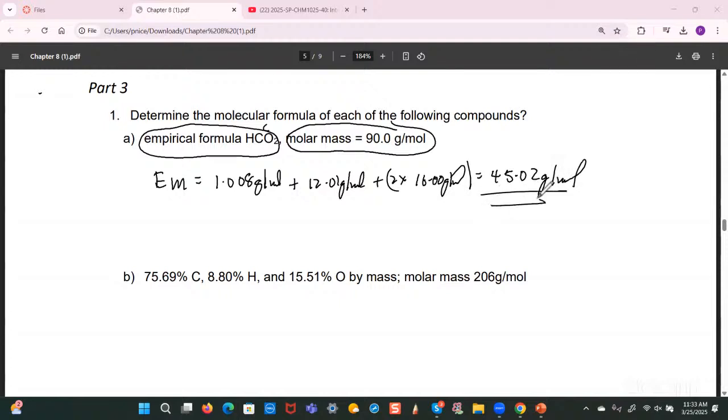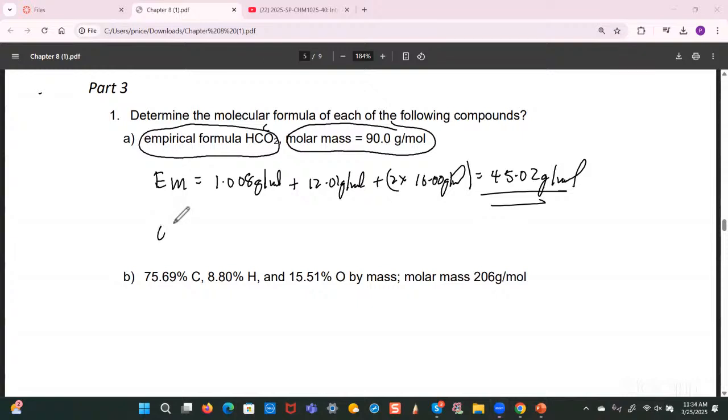Next step. After we get the empirical mass, what's the next step? Don't we divide the molar mass by the empirical mass? Good.